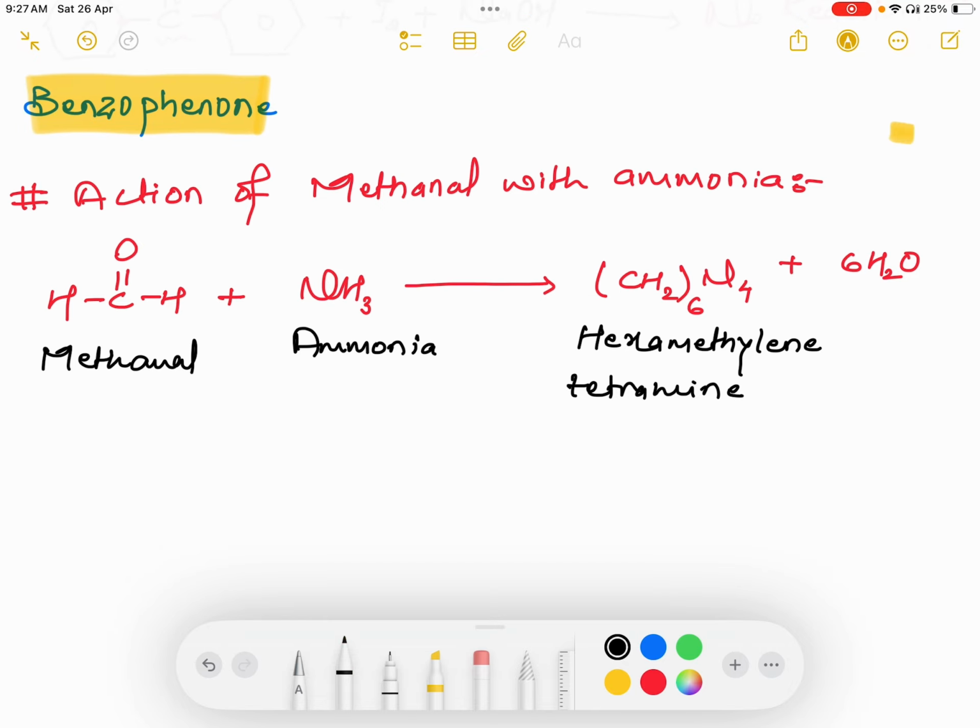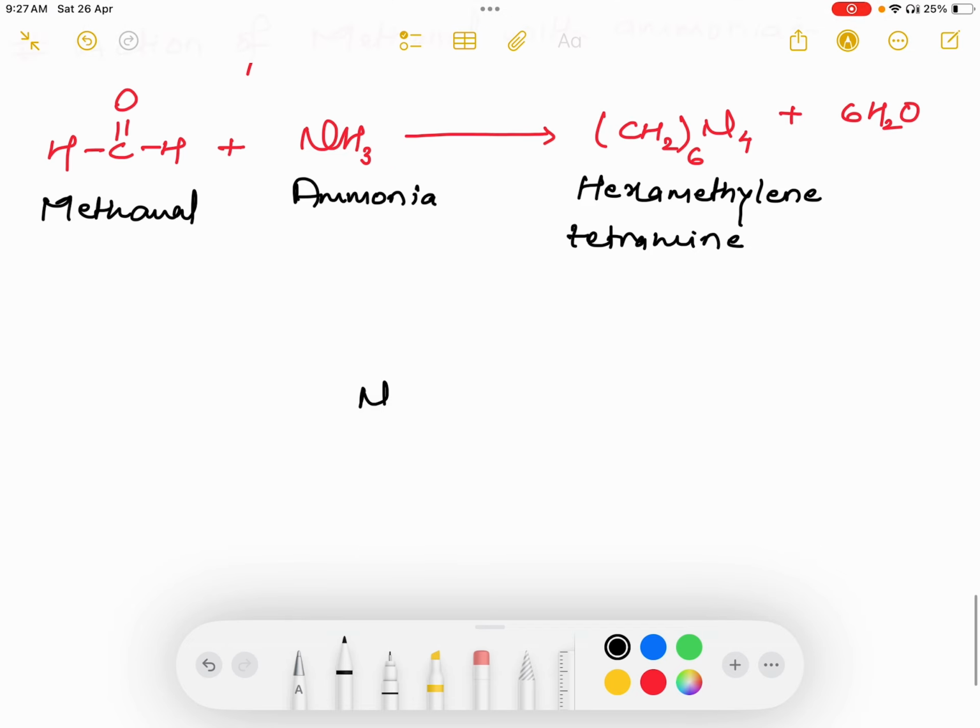What is right over there is that you will have one N in the center. With this N, there will be the connection of three CH2 groups: CH2, CH2, and CH2. Right in the next corner, I kept the three other nitrogens.